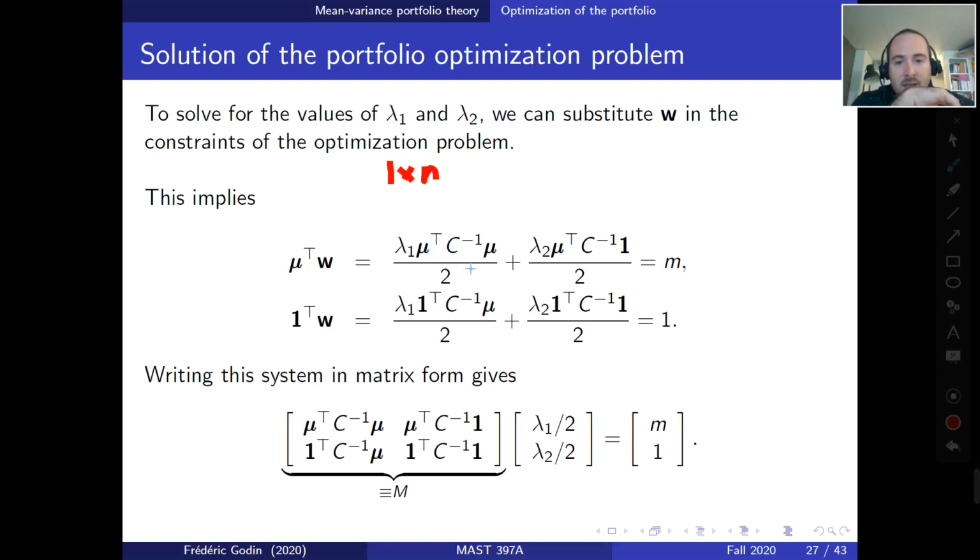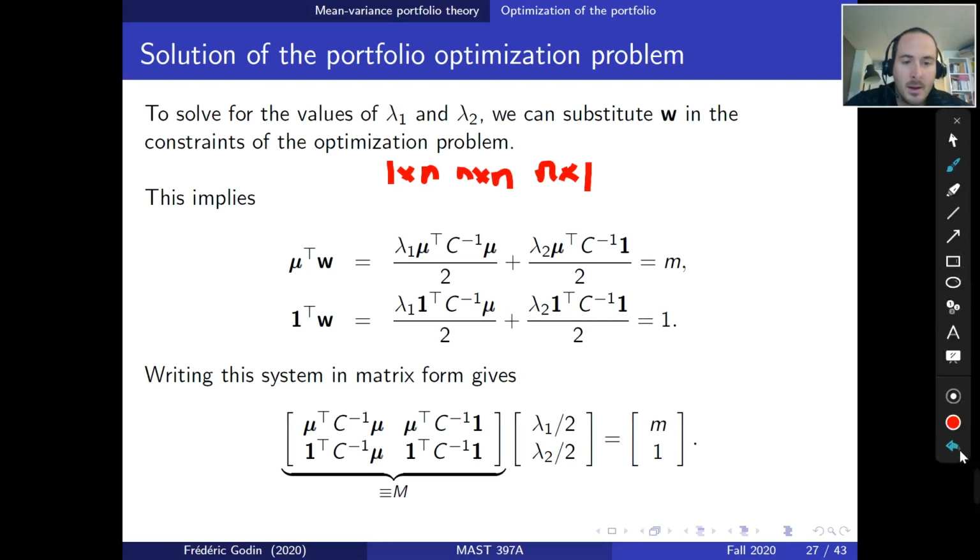Then the matrix C inverse: C is n by n, so its inverse is also n by n. And here mu, as we said, is n by 1. So when we make that product, the whole thing becomes 1 by 1, so it becomes a scalar. Same thing for all these quantities. Although there are vectors and matrices in these expressions, the dimension of all these quantities is 1 by 1.